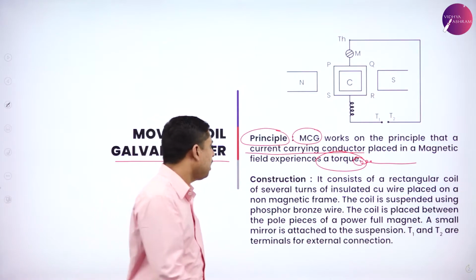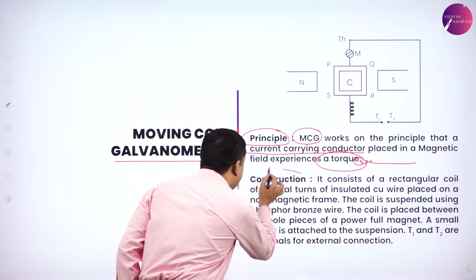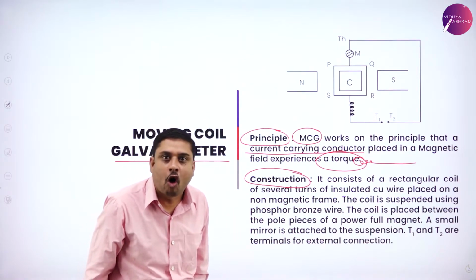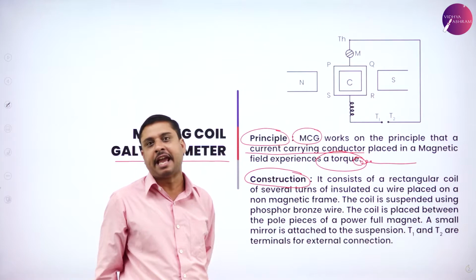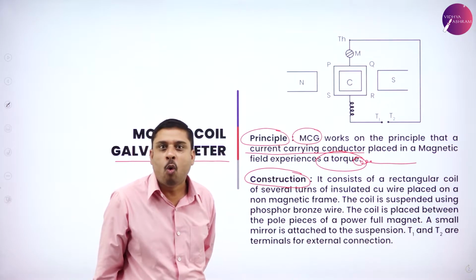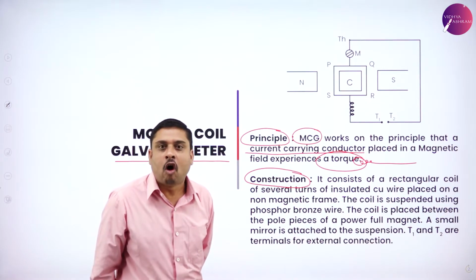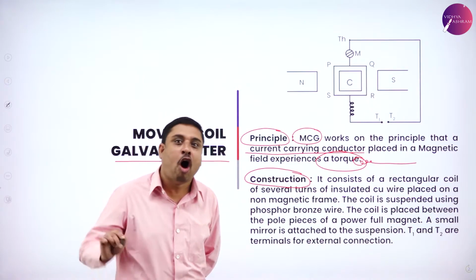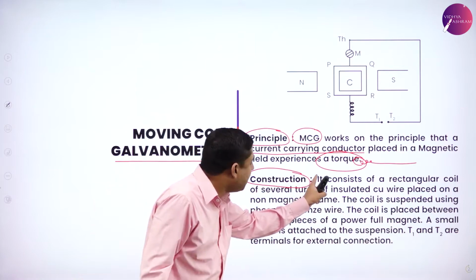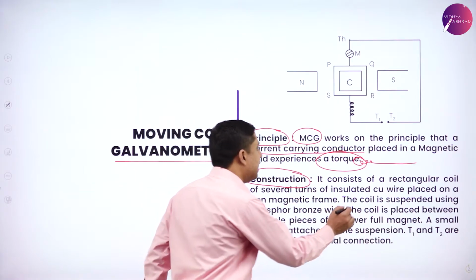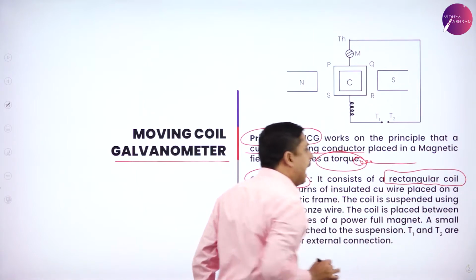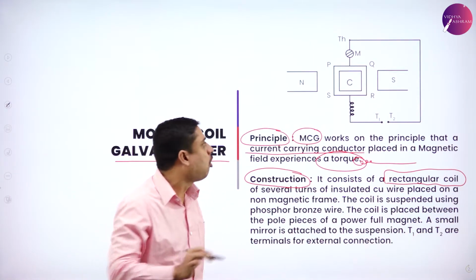Now, let us understand the construction of an MCG, how a moving coil galvanometer is built up or constructed. An MCG consists of a rectangular coil.